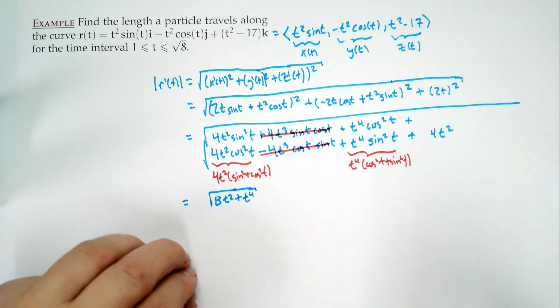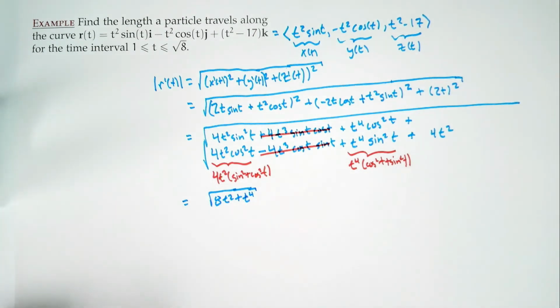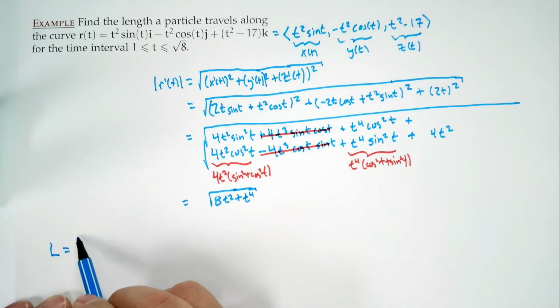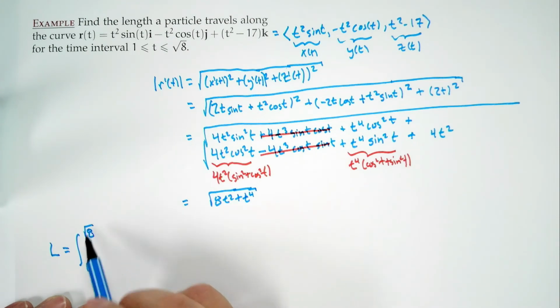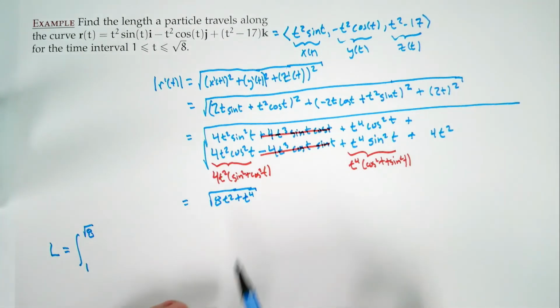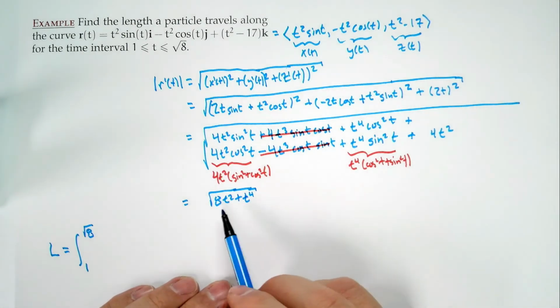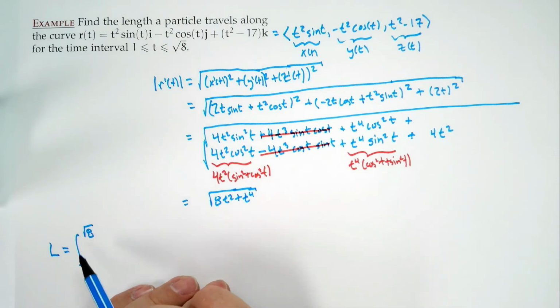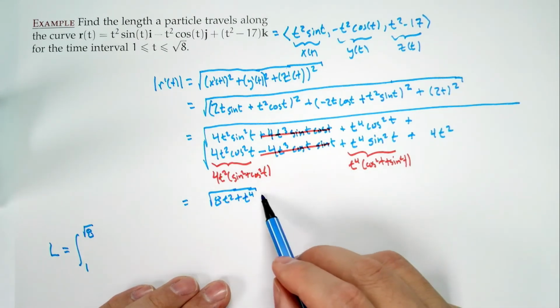All right, well, we're kind of back into our normal game. So now we're saying, all right, what's the length? Well, the length will equal the integral 1 to root 8. It's an unusual choice, but who knows? Maybe it'll become more clear. Notice, before we get into the integral, we're going to have t be positive, and I can pull out a t squared.